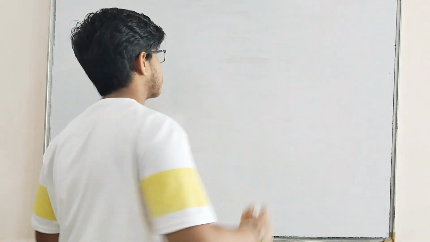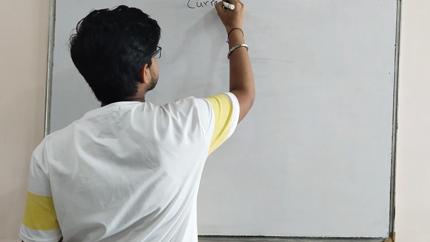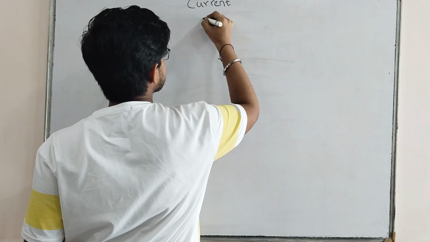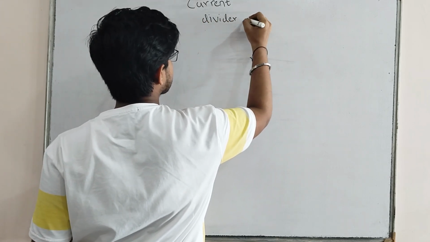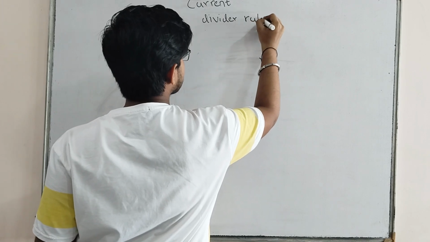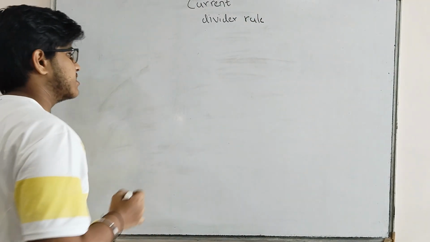Okay, now let's talk about current division rule. This rule is applicable only for parallel DC circuits.